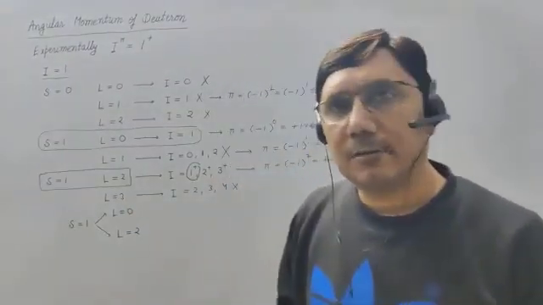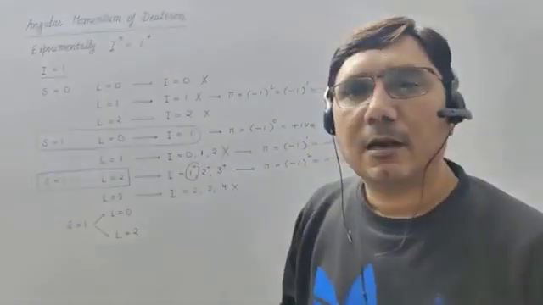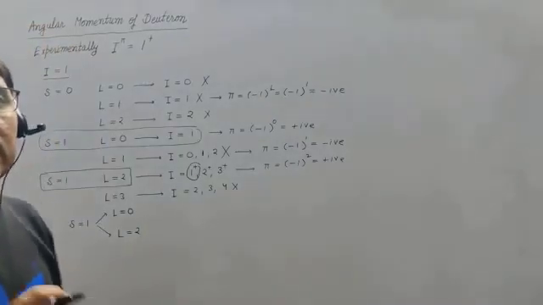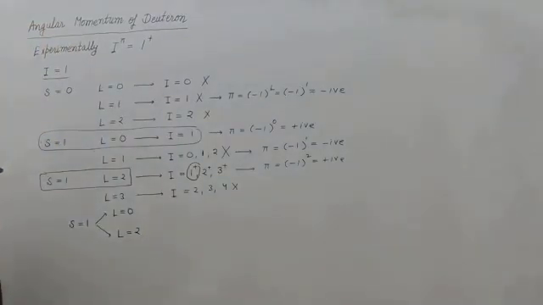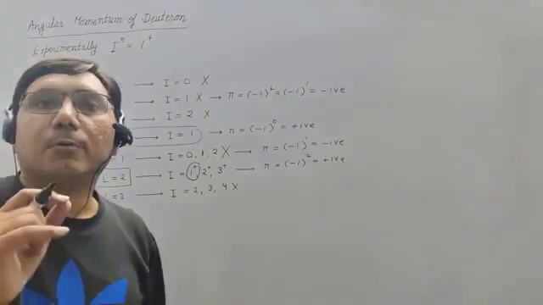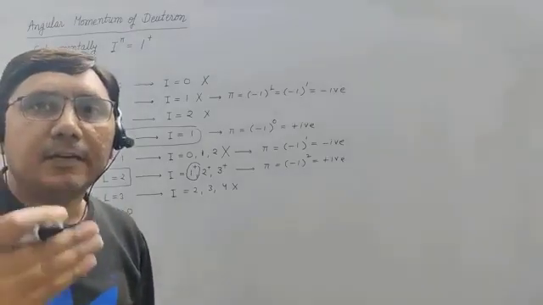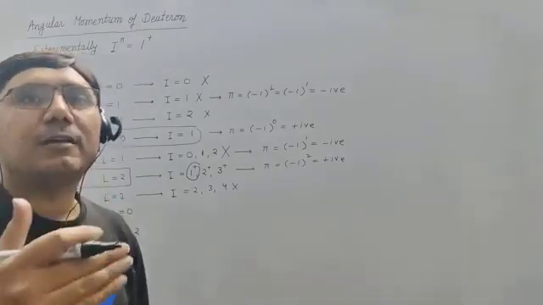However, this is possible. This can be made possible. How can it be made possible? If you assume that your potential is non-central. In case of non-central potential, it is possible that a wave function is made up of more than one L value.